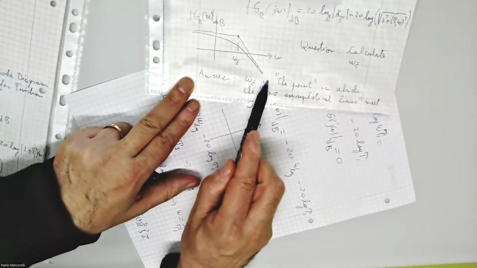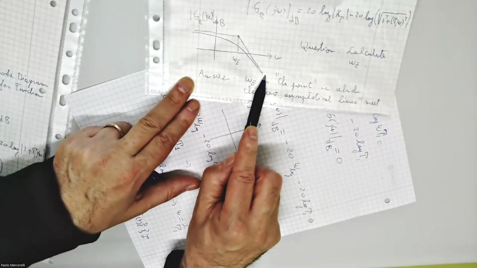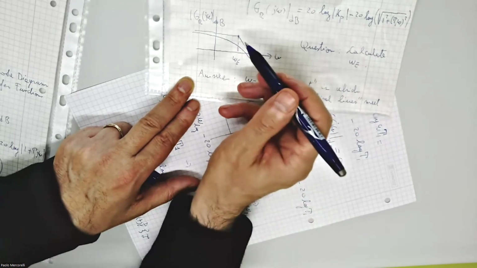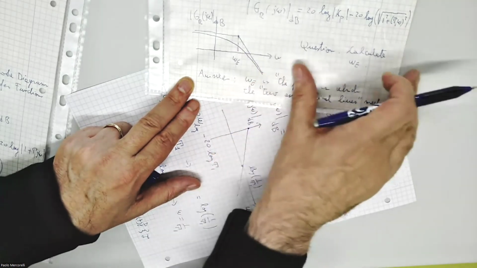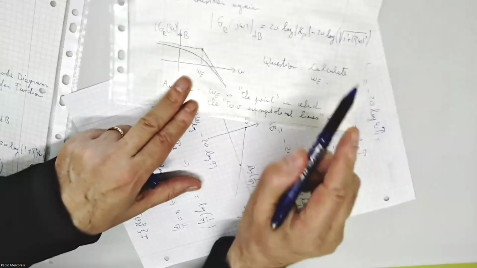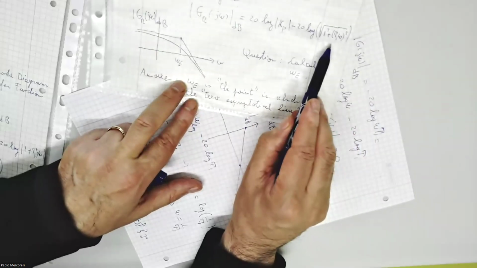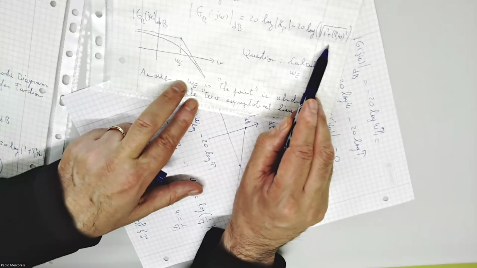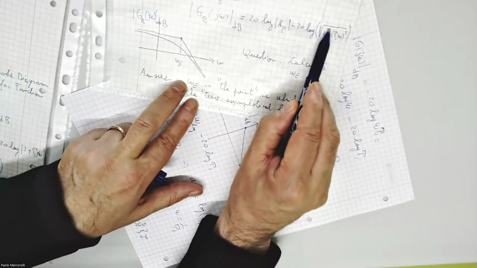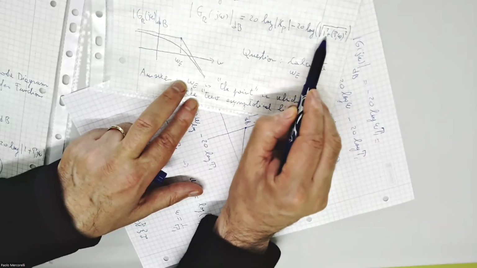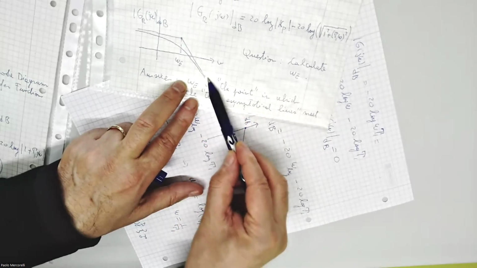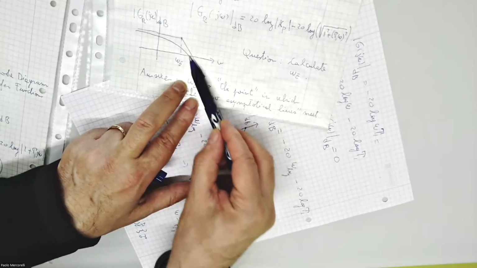This line is valid for omega infinite, or relatively large, where I can neglect this. So I will find this line here.